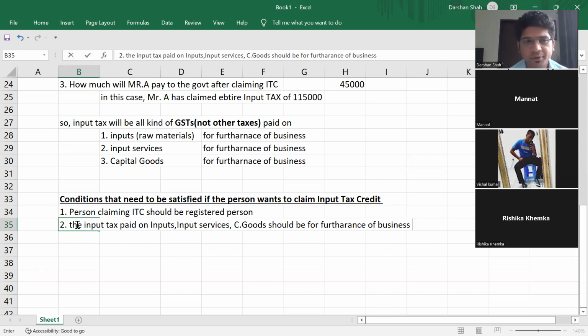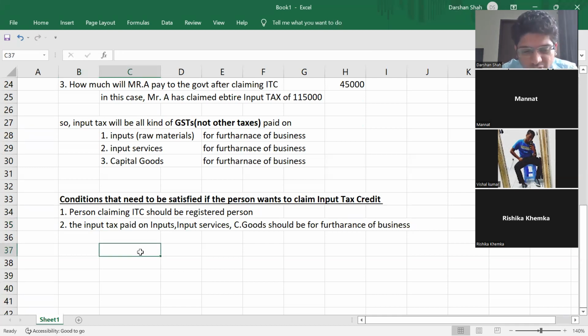For example, the same example of Mr. A. Mr. A is a manufacturer. He has taken raw material as input. But let us say he has also taken some wood for the purpose of making furniture at his house. So he has taken two types of inputs.